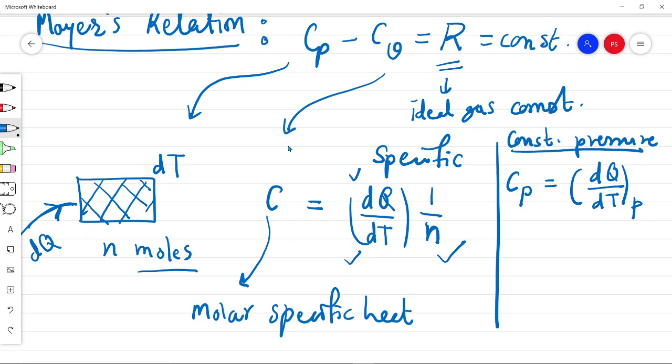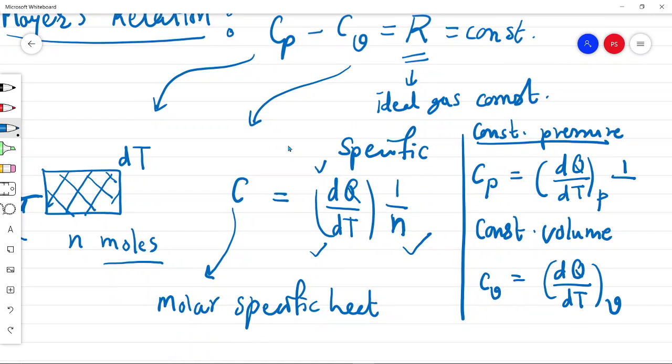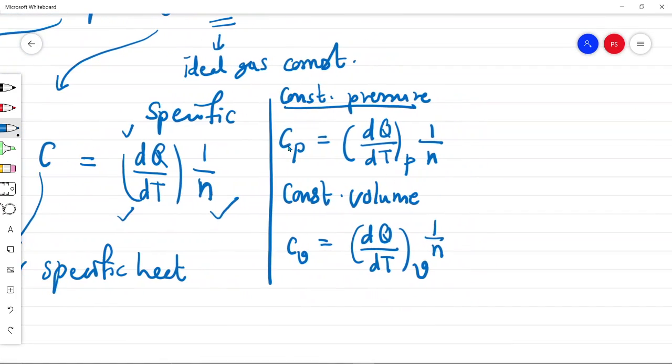Similarly, if this process is carried out at constant volume, we define it as specific heat at constant volume and write it as Cv equal to dq by dT at constant volume. Of course, this factor of 1 by n is always there. If the substance is 1 mole in amount, this n simply does not appear in the formula. Otherwise, it should be there.